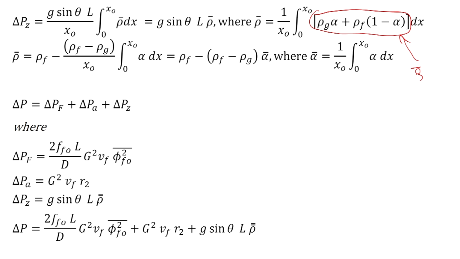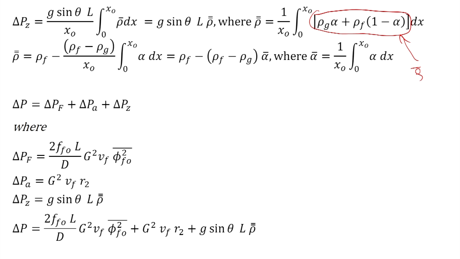So, rho double bar is equal to rho f minus rho g upon xo integral of 0 to xo alpha dx, and then we call the average void fraction as alpha bar equal to 1 upon xo integral 0 to xo alpha dx.